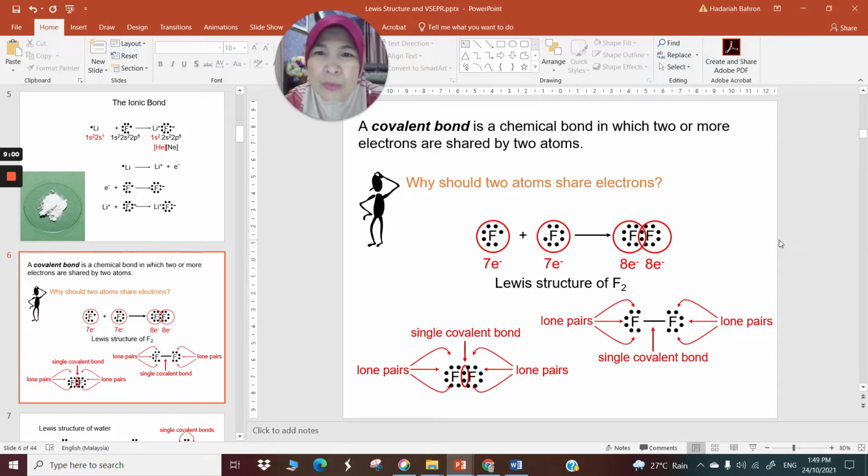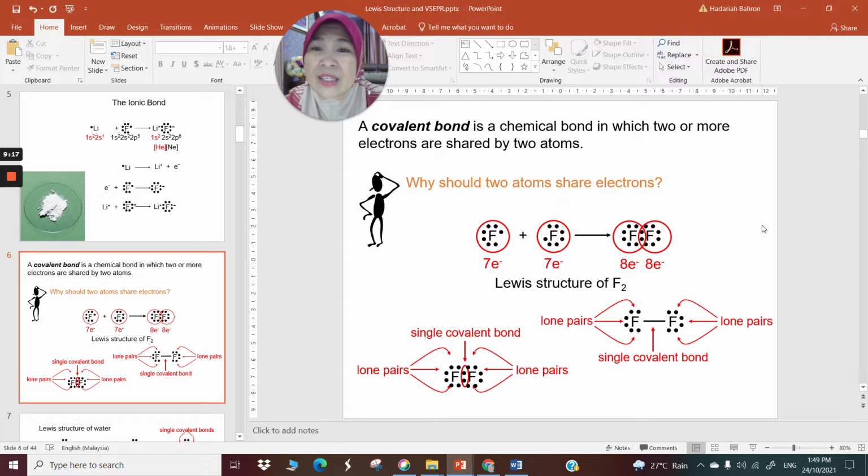Remember, a covalent bond is formed when the difference between the Pauling electronegativity values of the elements combining is less than 0.5.